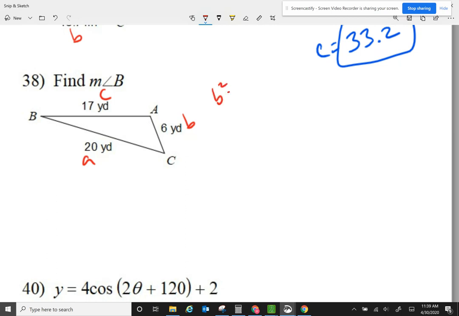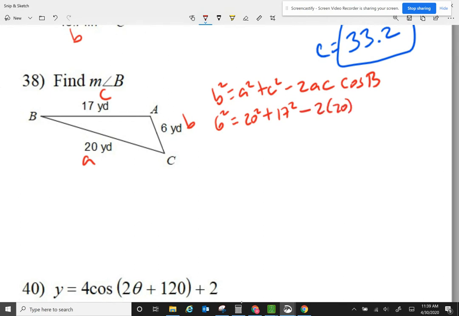I have b squared is equal to a squared plus c squared minus 2 times a times c times cosine of b. All right, so I have that 6 squared is equal to 20 squared plus 17 squared minus 2 times 20 times 17 times cosine of b.